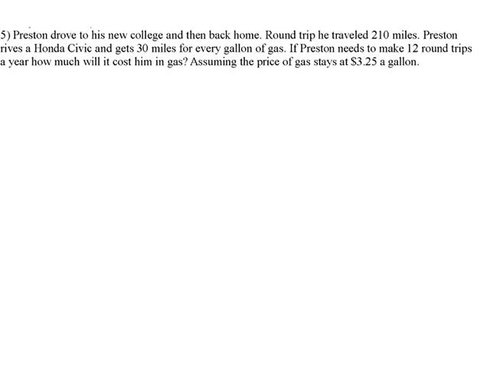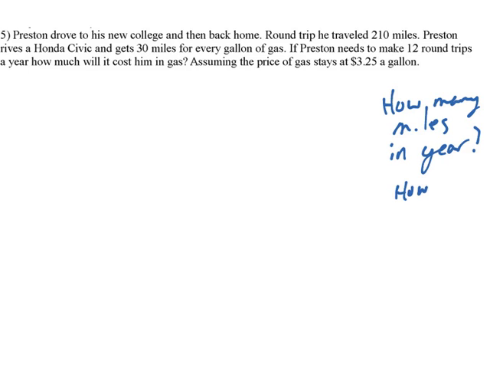Okay, so there's a couple of things we need to know here to start off. How many miles does Preston drive in a year? And then how many gallons of gas does he use in a year?